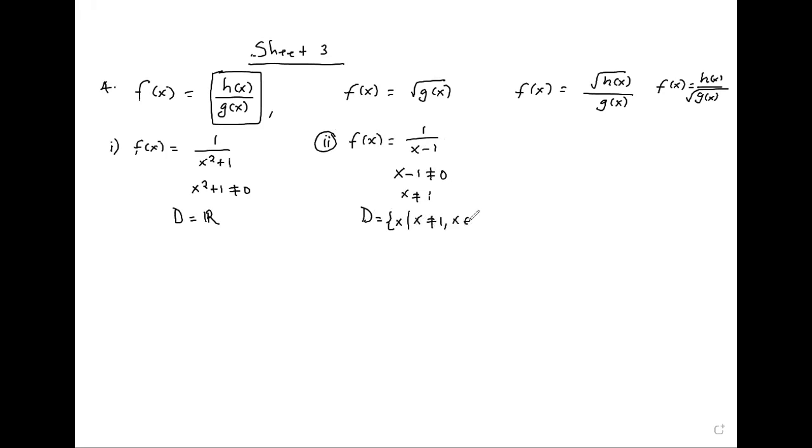But it must be a real number. That's how you read the domain. So you say the domain is any value of x that is not 1, but a real number. Or you can write this as x, a real number, such that it's not equal to 1. It's the same.